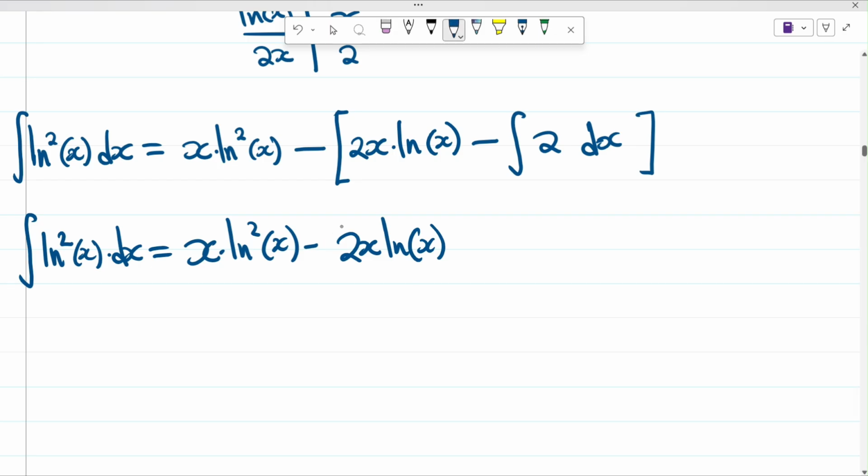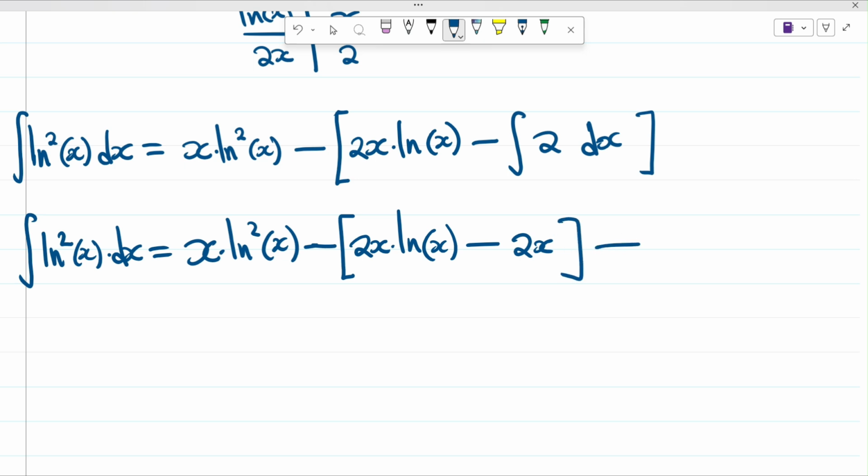Let's leave this inside and apply the integral first. The integral of 2 dx is just 2x, and then I close. I have my plus c, because immediately when you no longer have the integral from your left hand side, you should write your plus c.